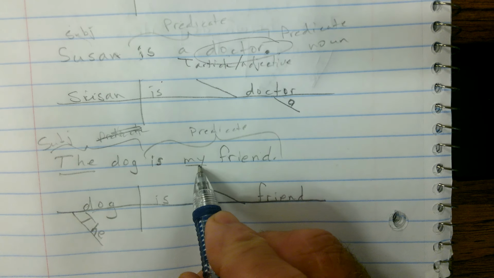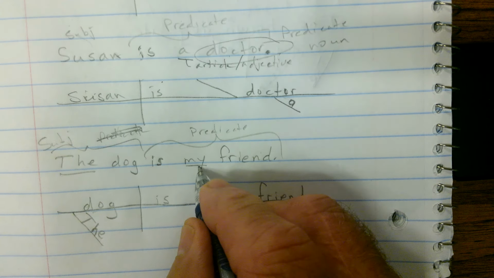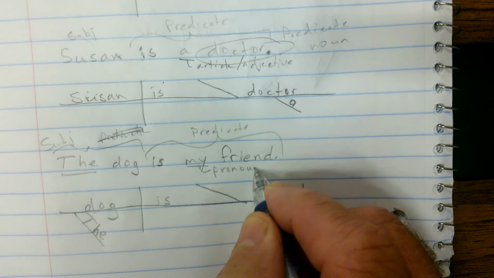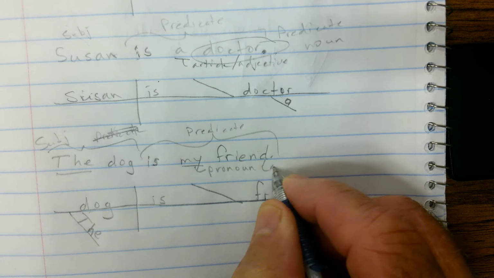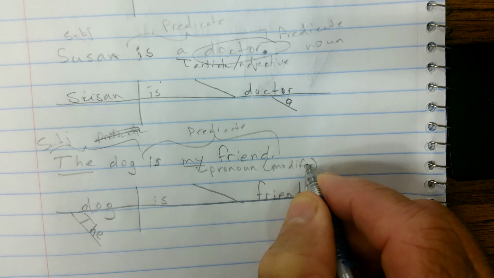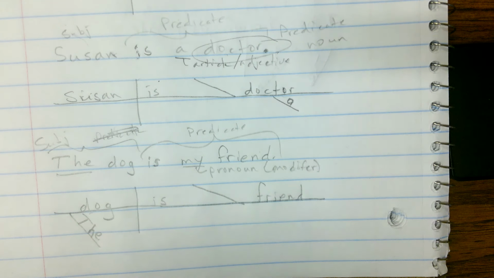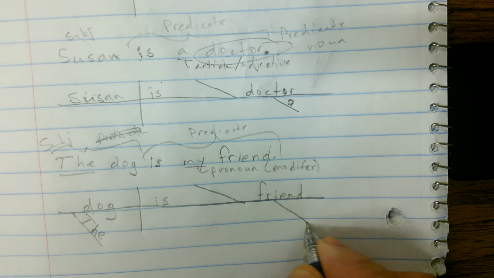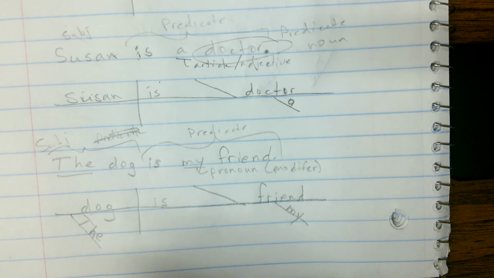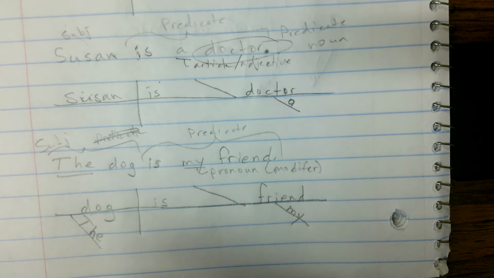We know it's a pronoun, my, but it acts as a modifier. It's not really an adjective, it's a pronoun, but it's acting as a modifier. So, whose friend? My friend. So the dog is my friend.